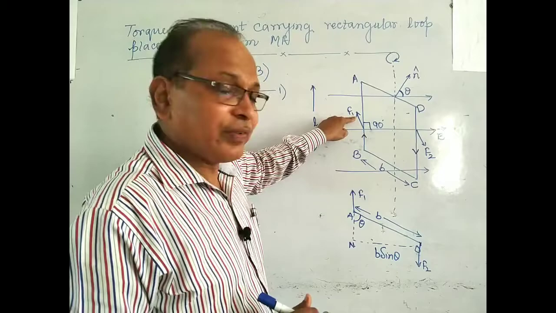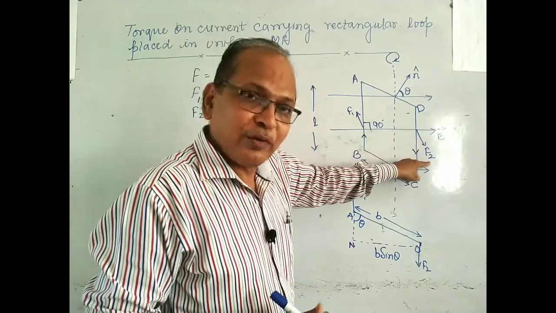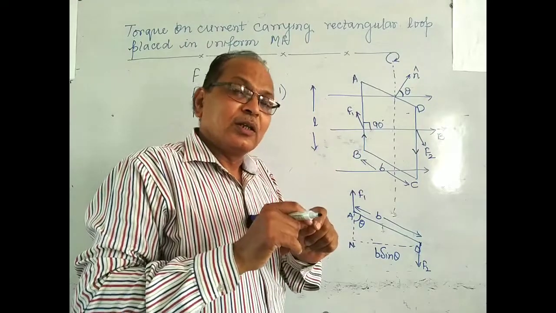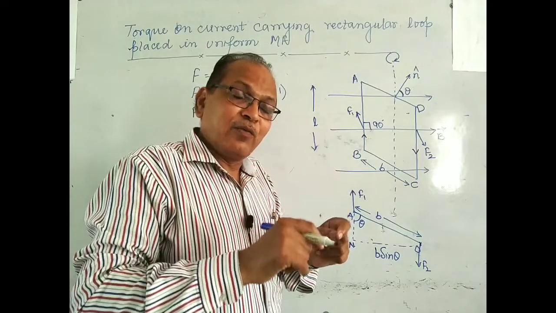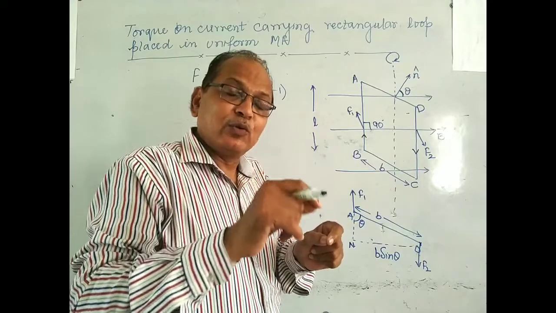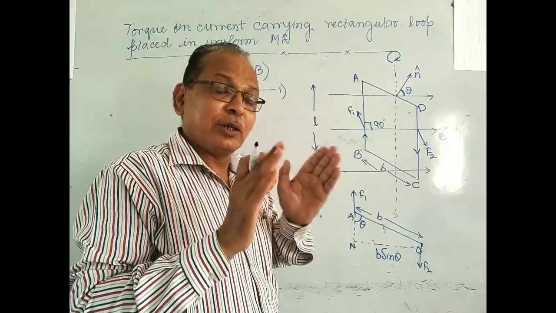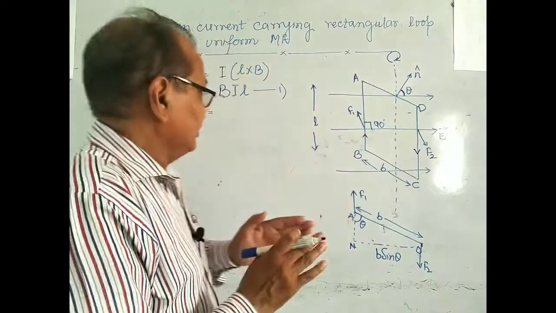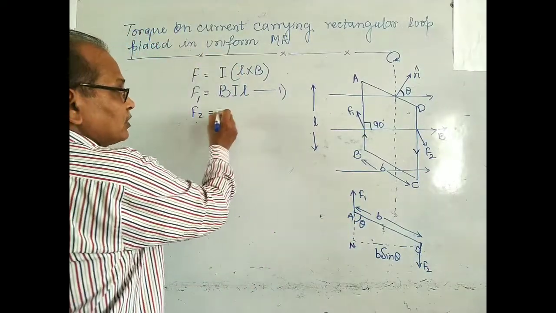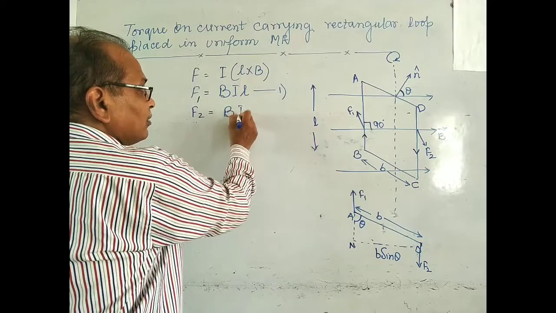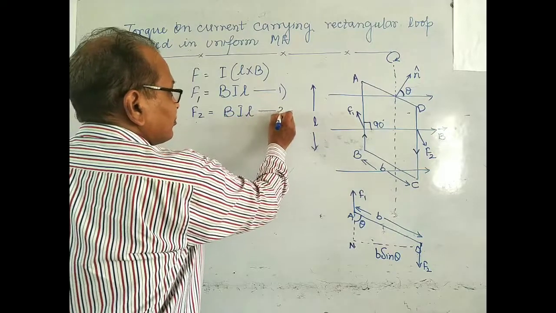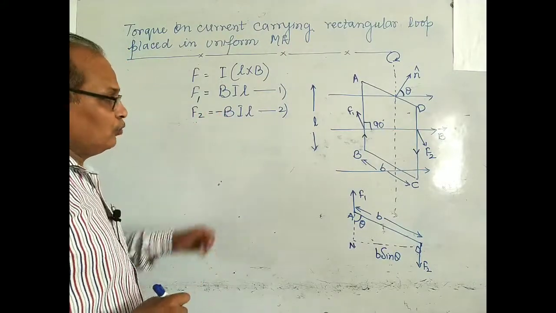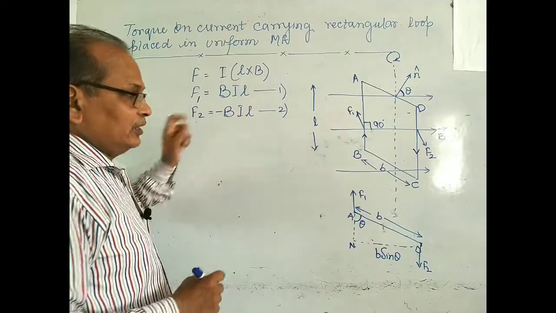See, this is the direction of F1, this is the direction of F2, opposite in direction, and the point where F1 and F2 are acting is not a common point. So F2 is also BIL, but this will be opposite in direction. Therefore, you will use a negative sign.